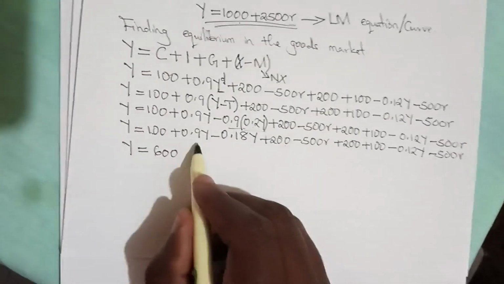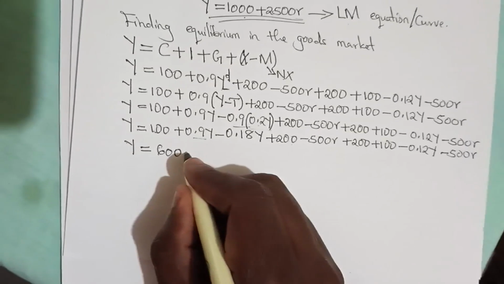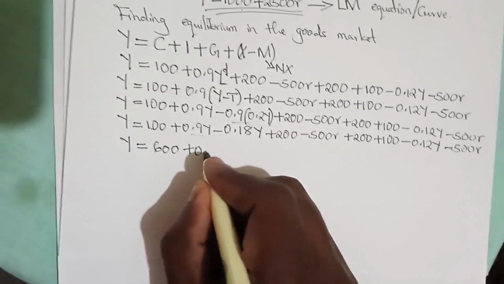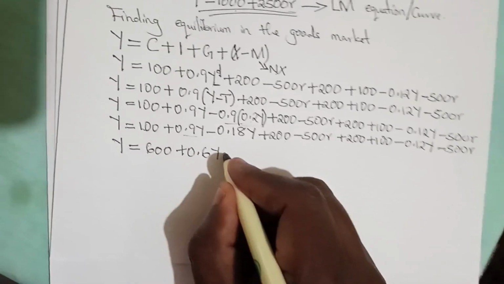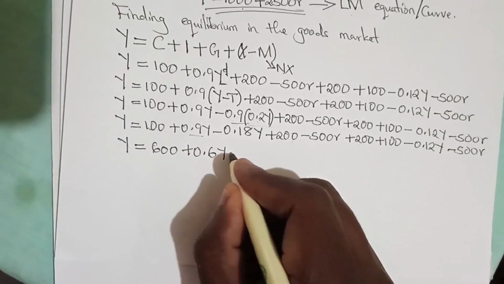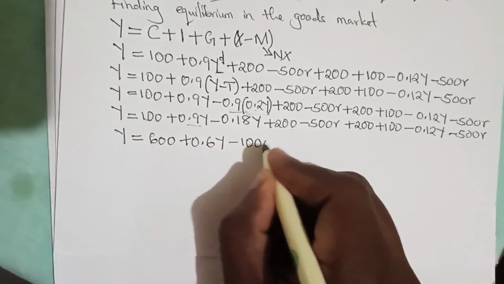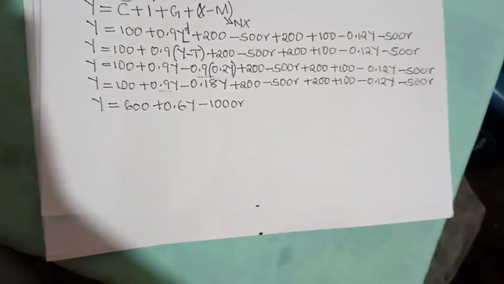Then you collect the Y's together, you are going to get 0.6 Y. Then you collect the R's together, you're going to get a negative 1000 R.